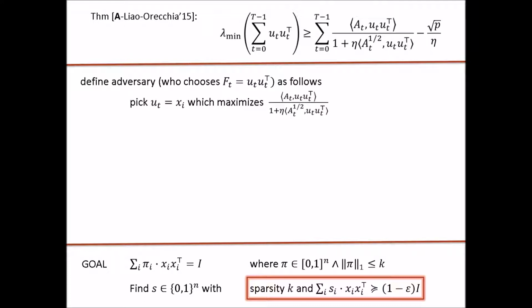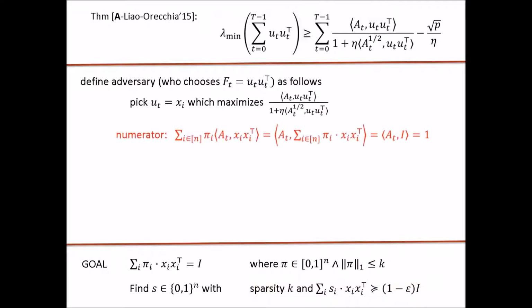So let's use an averaging lemma to derive that. On the numerator side, if I do a weighted average of the numerator, weighted by pi i, remember pi is the fractional solution that I have now, then by linearity, you can put the pi i inside.